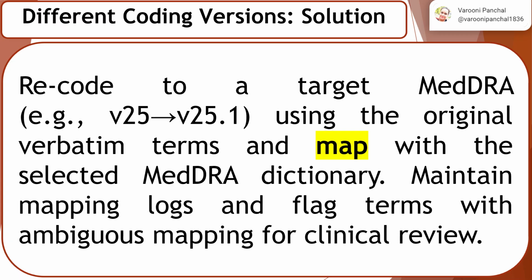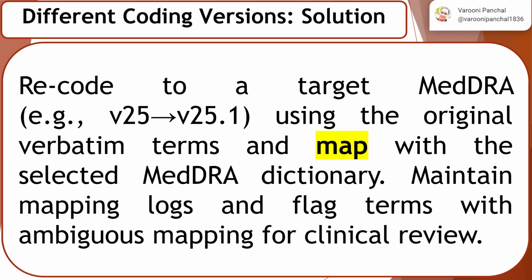Either the latest or whichever is the most accurate compared to the earlier 12 studies. Mentioning the coding version is very important for medical history, adverse events, and concomitant medication.